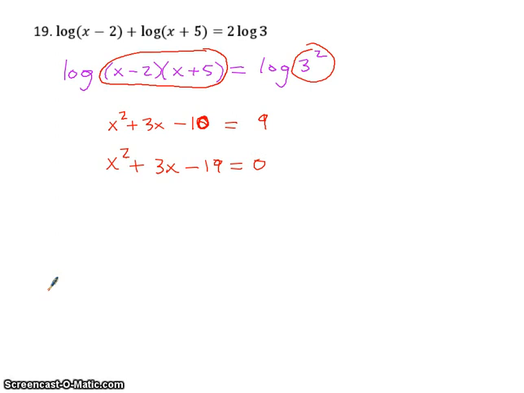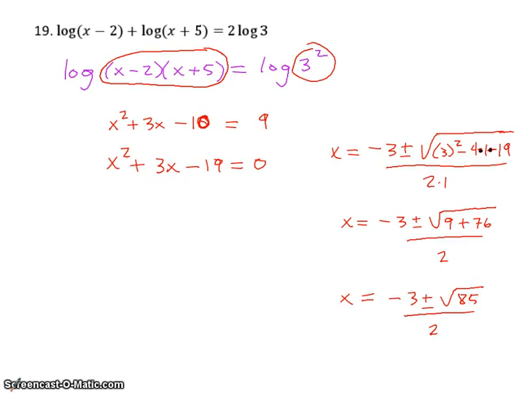Let's do the quadratic formula this time. Okay, so I've identified my a, my b, my c. Using the quadratic formula, we get x equals minus 3 plus or minus the square root of 85 over 2. We can't simplify the square root of 85. That's 5 times 17, so we have no doubles there.